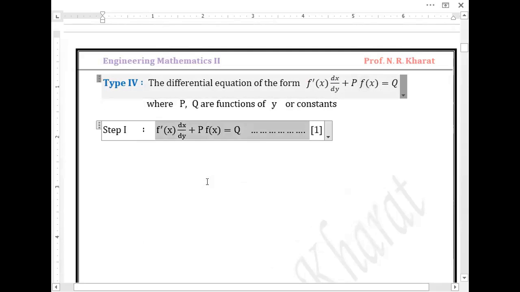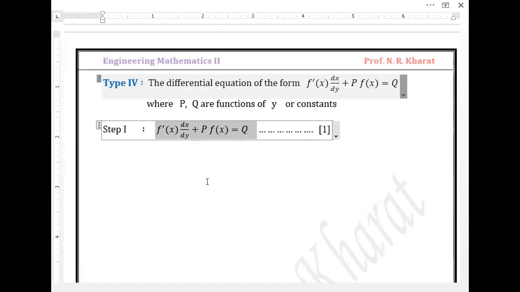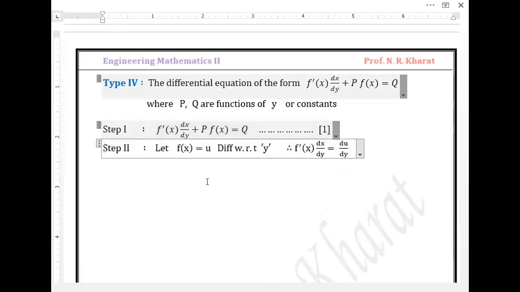This is of the type f dash of x dx upon dy plus p into f of x is equal to q. Then we have to assume the value of f of x equal to u. Then we differentiate this with respect to y.